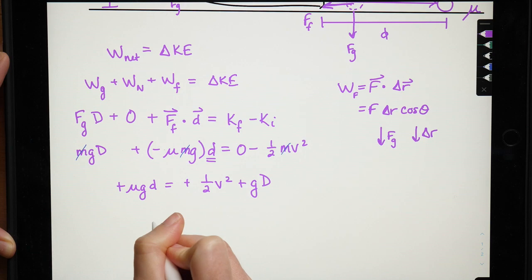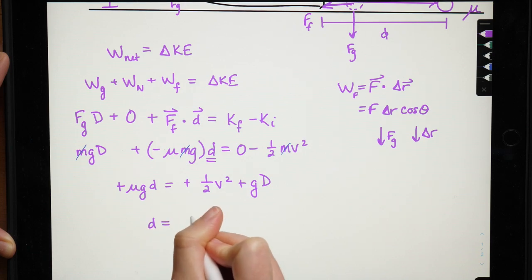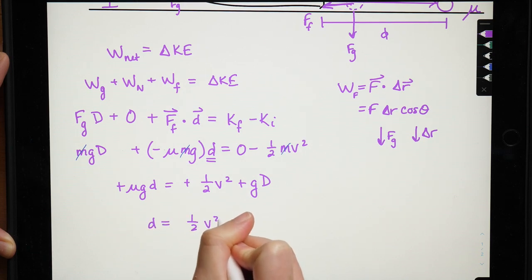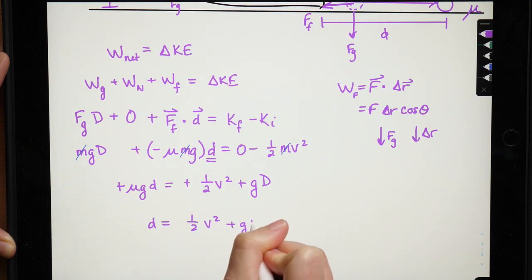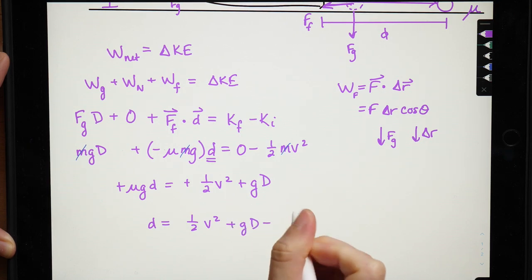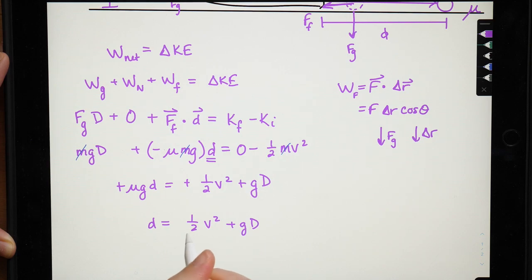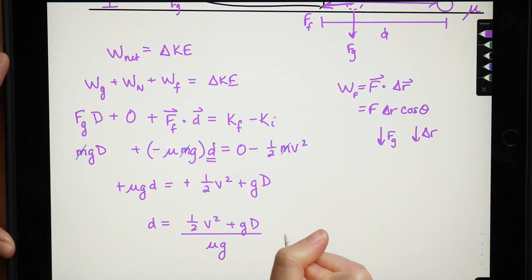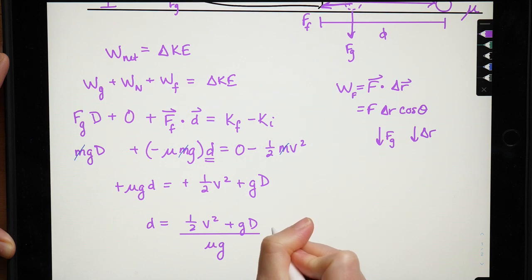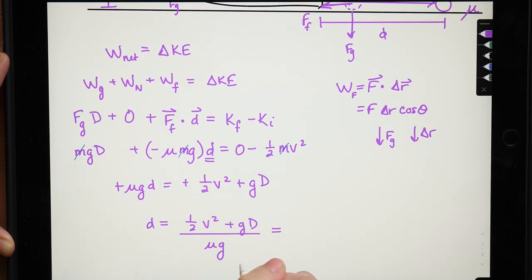So little d is equal to 1/2 v squared plus g d, divided by mu times g. And that's it. You could rewrite this if you wanted to, but you don't have to. That should work just fine.